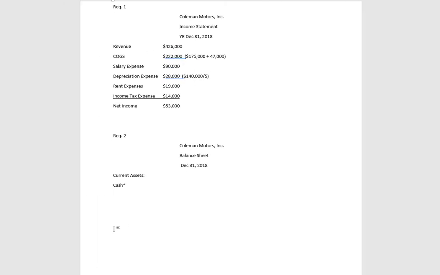So this is going to be 350,000 that they issue in stock. Okay, they spend 140,000 on equipment. They spend 175,000 on inventory. They pay rent of 19,000.